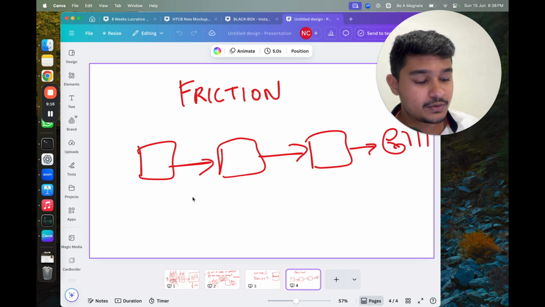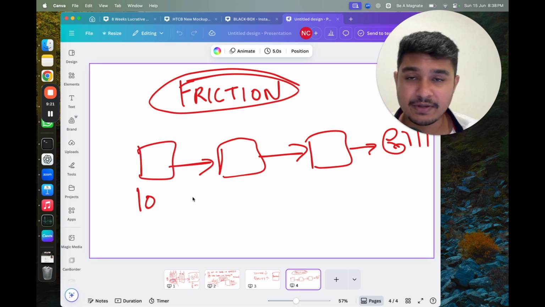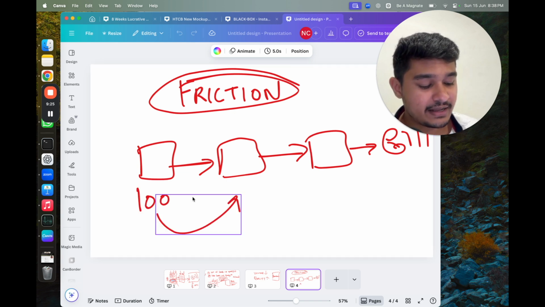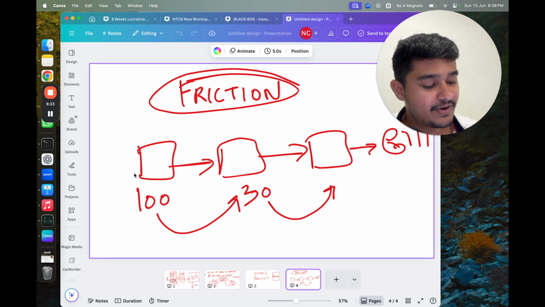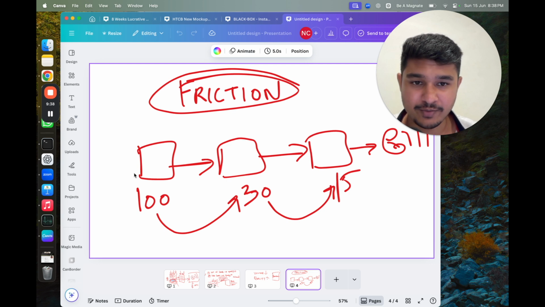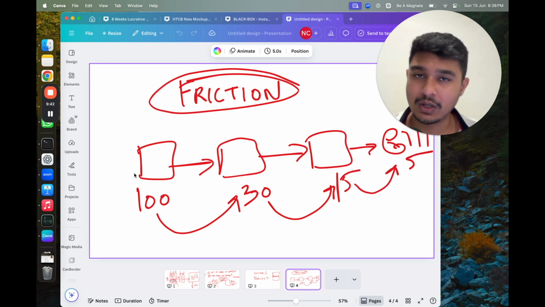Let's say we're getting 100 people on the landing page. Out of this, we are getting 30 people on the second step. Out of 30, we're getting, let's say, 15 people on the third step. And then out of 15, we're getting around 5 calls.